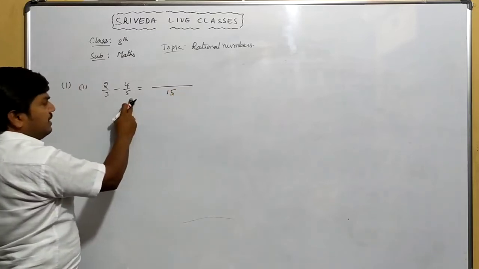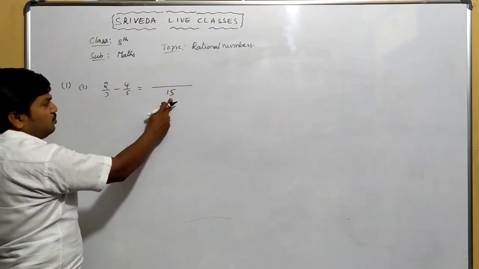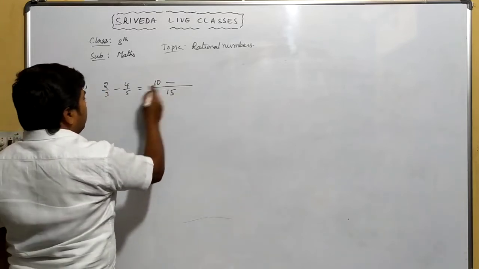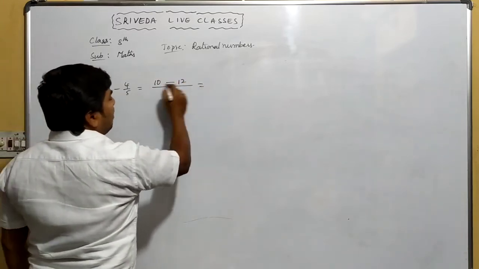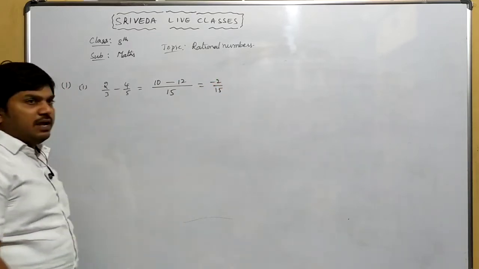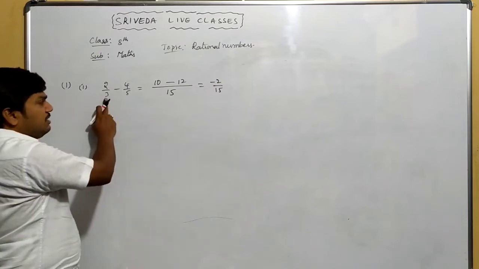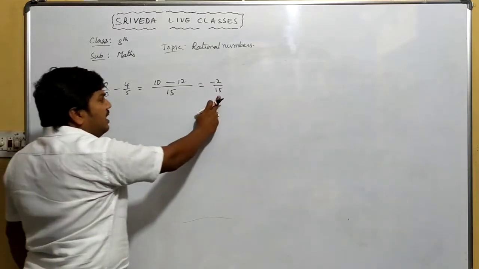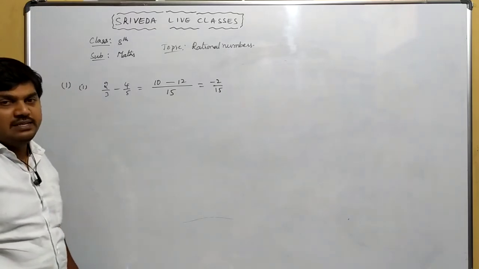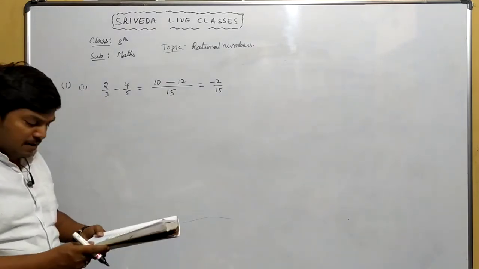Cross multiply: 5 twos are 10 minus 3 fours are 12. 10 minus 12 is minus 2 by 15. This is a rational number, the result is also a rational number. So that's why it satisfies the closure property.